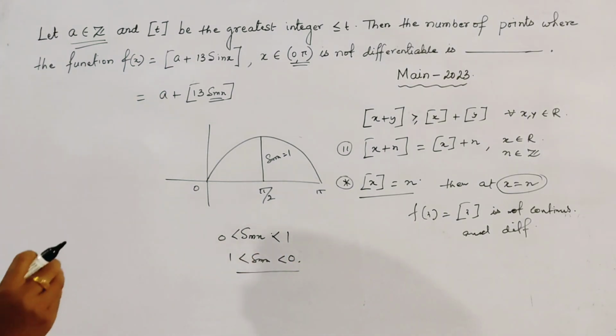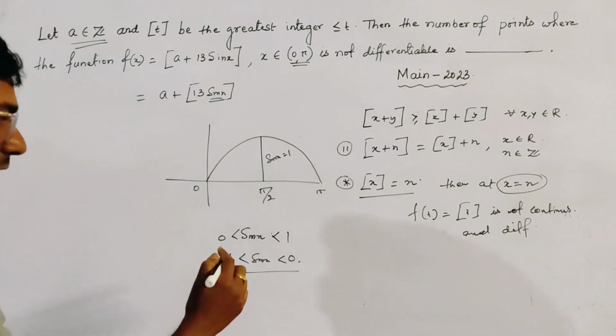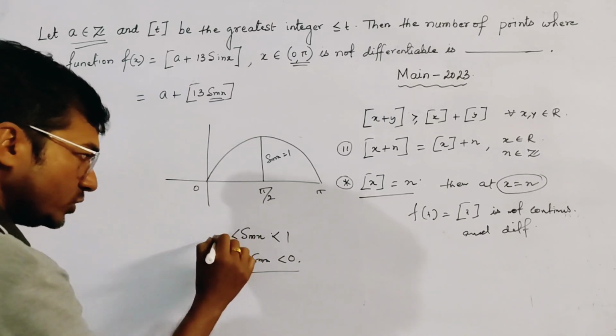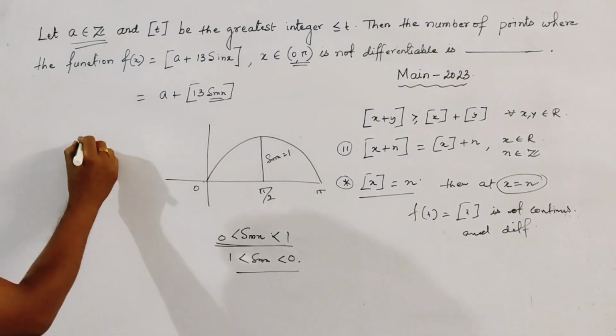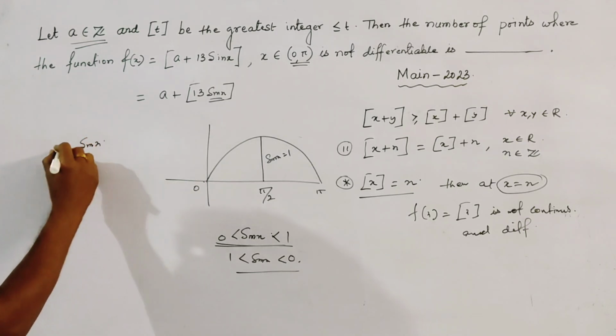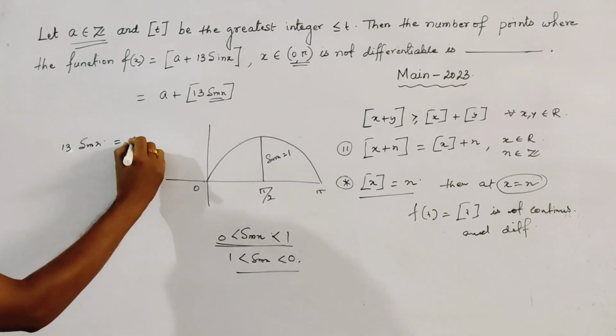Okay, now we have to find the points at which the value of x in this interval 0 to pi makes 13 sin x equal to an integer.